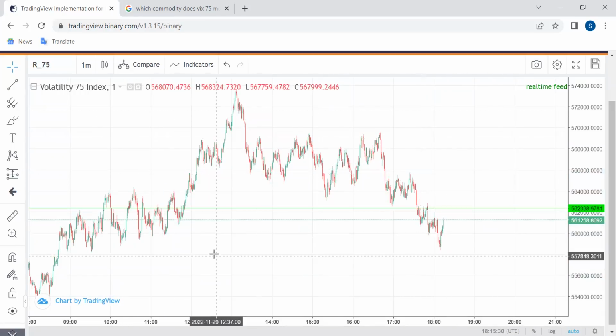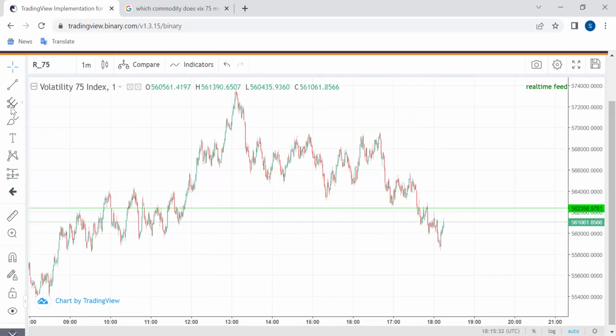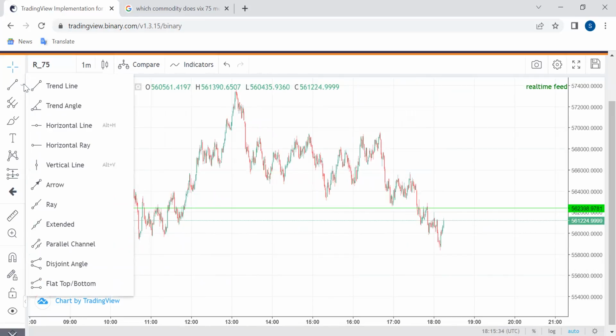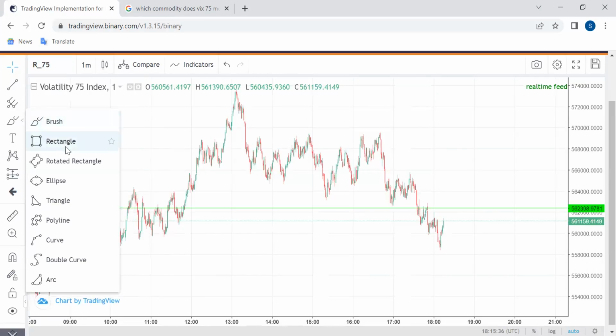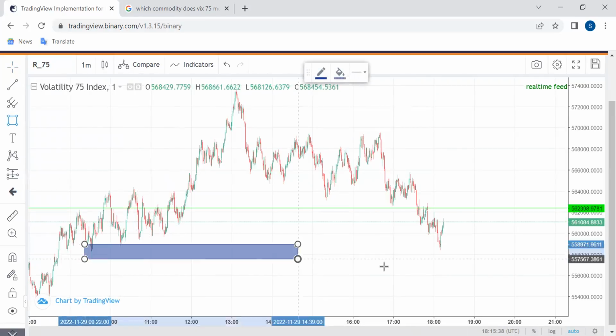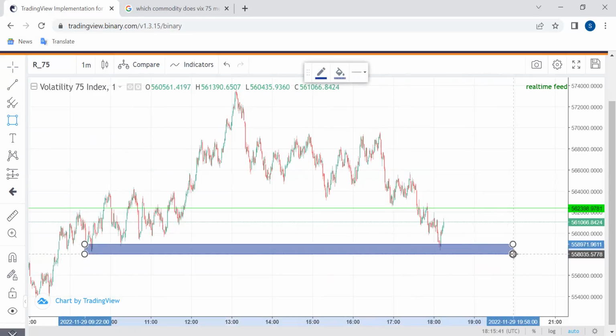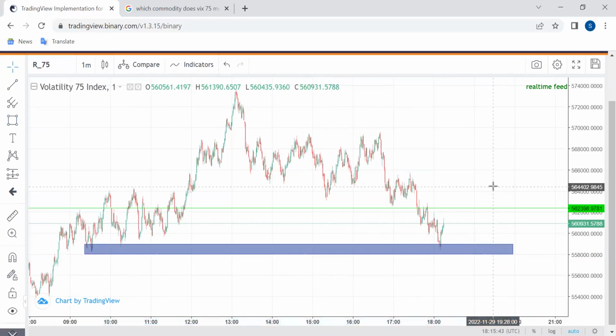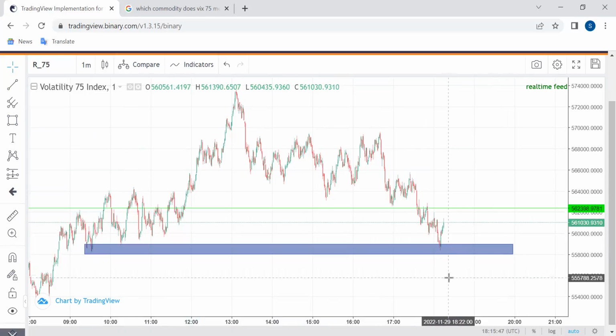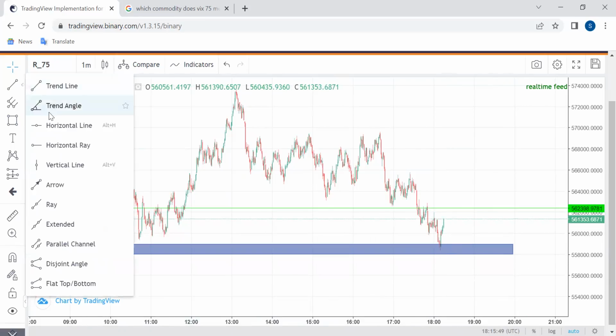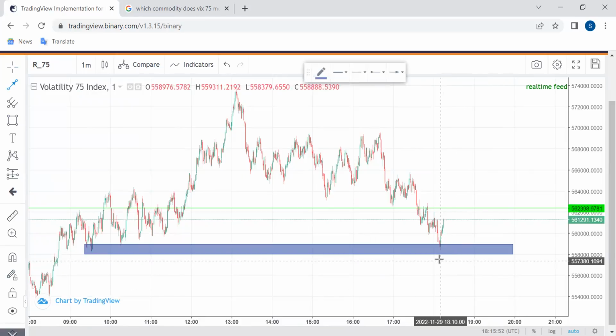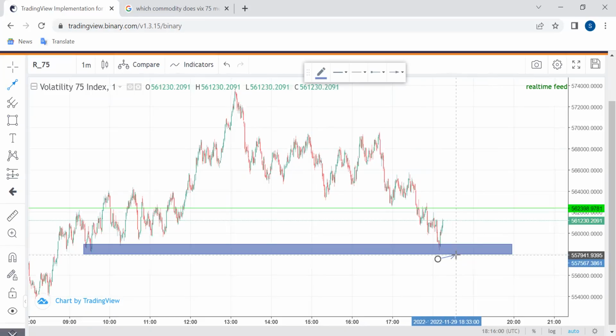Yeah, this green line over here, no, ignore the green line for now. This market zone over here. So when the market pushes down, I would wait for it to come back up. When it comes back up and the candle closes below, that would be my first sell position.